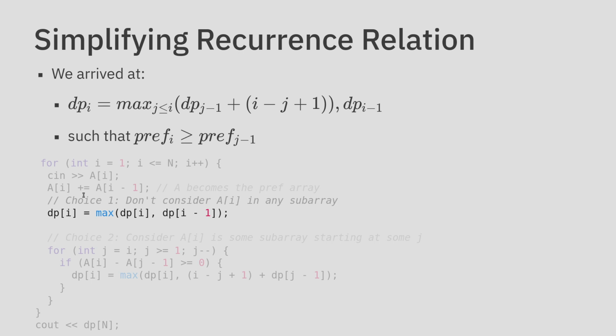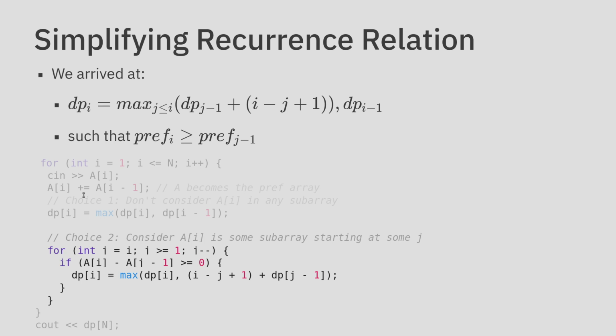So if you're not considering it in any subarray, the best answer we can find is taking from the i minus 1th element. And the second choice is going over all the choices for taking a i in a subarray, and here we are checking that the sum is greater than or equal to 0.